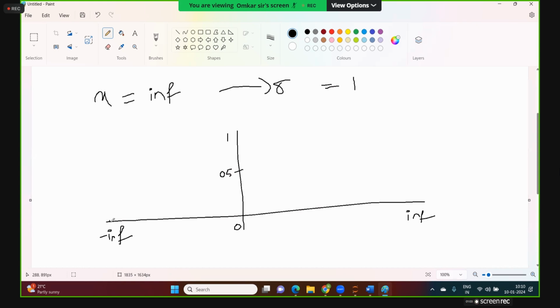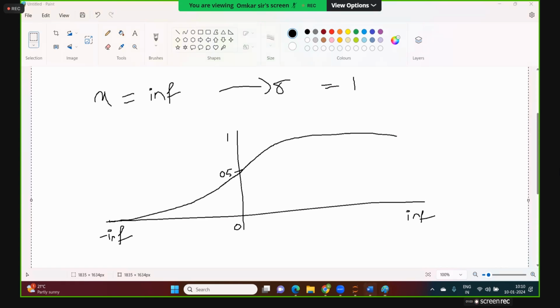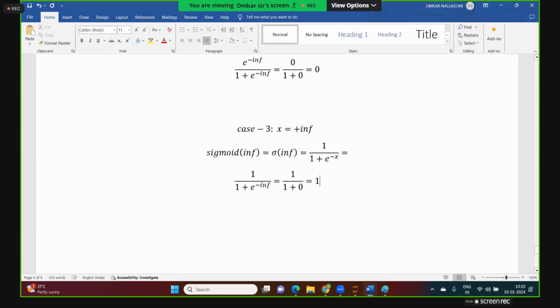And it is touching here like this, it slowly will come, and it will go like this. So this is called the sigmoid curve. Note down the sigmoid curve. The sigmoid curve is very, very important: the sigmoid formula and values.